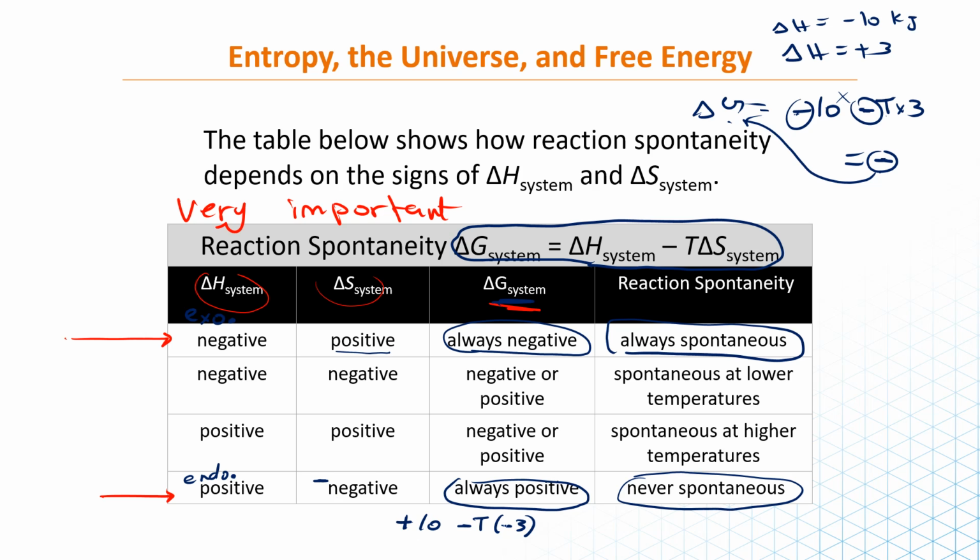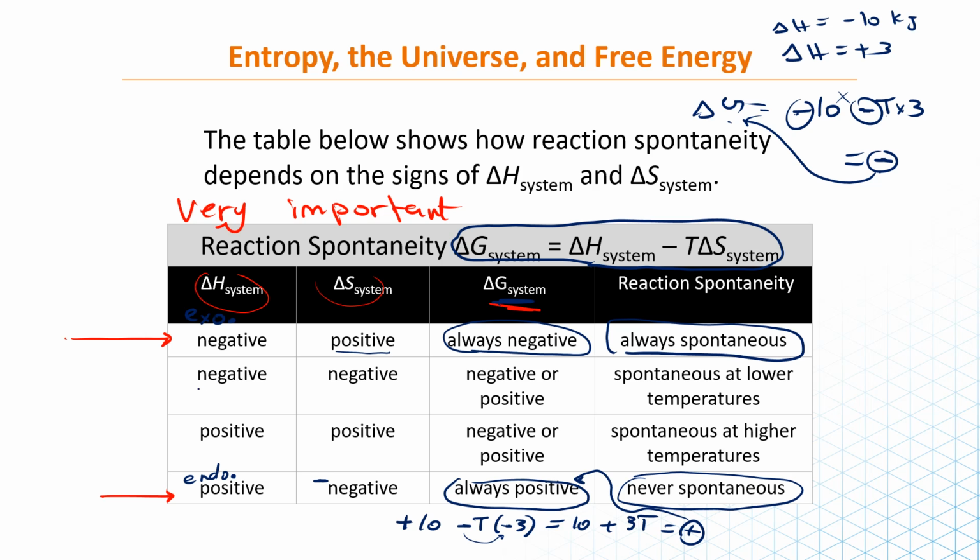The delta H is positive and the delta S is negative. Minus with minus becomes positive, so this becomes 10 plus 3T, whatever the temperature is. So the answer will be in positive, and that's why the delta G is going to be positive and never spontaneous.